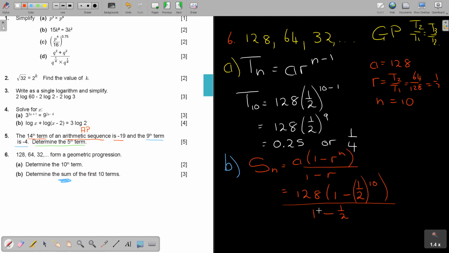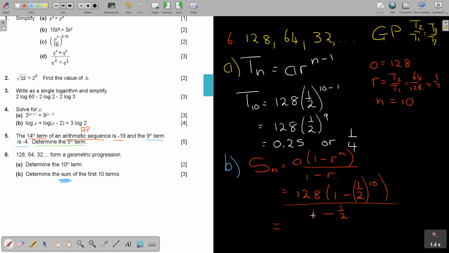Again, you can just press it on your calculator. I just prefer sometimes to first do the bracket, and I prefer to work with 0.5. You have very good calculators and you can just put it in. Most of you know your calculators very well.